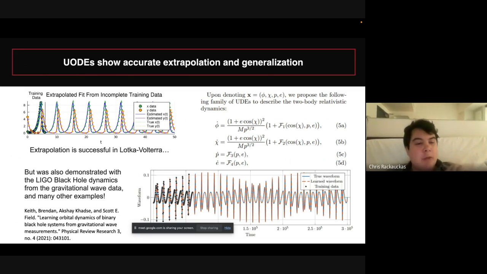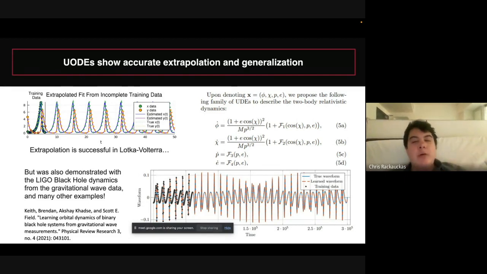I really like this case from this group that looked at a binary black hole system. Shortly after the LIGO experiments found this gravitational wave data from a binary black hole system, they said, well, it requires relativistic corrections.